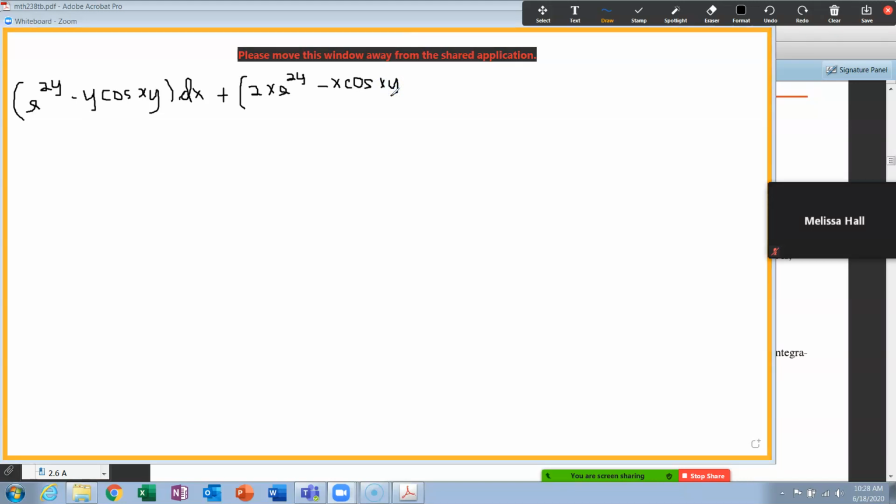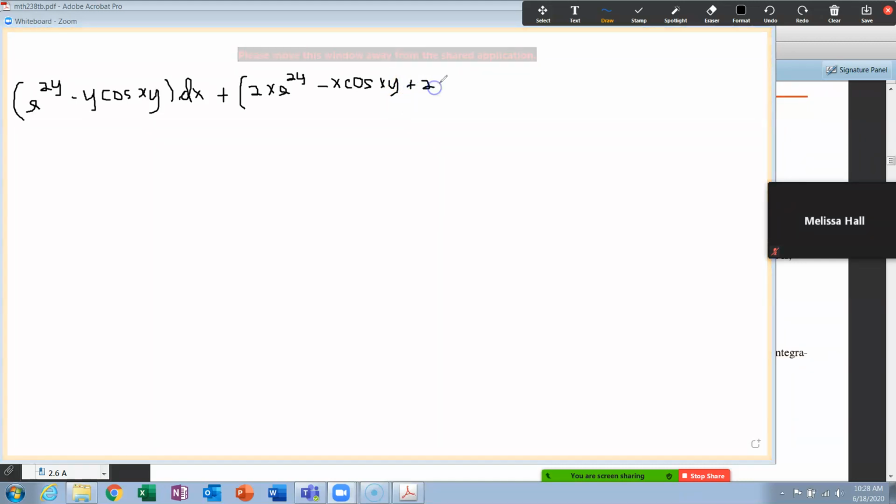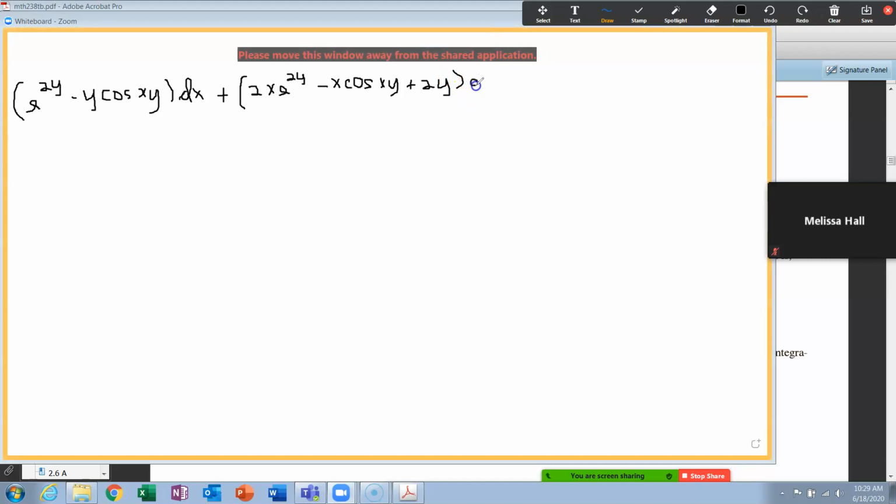Plus 2y. Why not? Throw something else in there. And that's times your dy in differential form, and that's equal to 0, which it's got to be, okay?